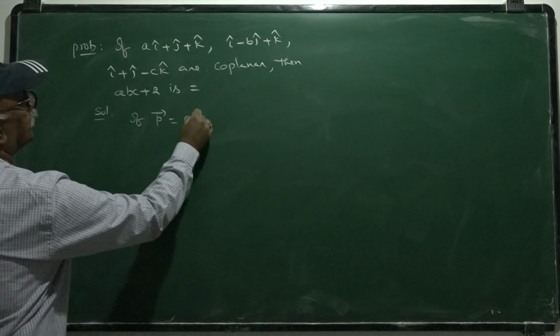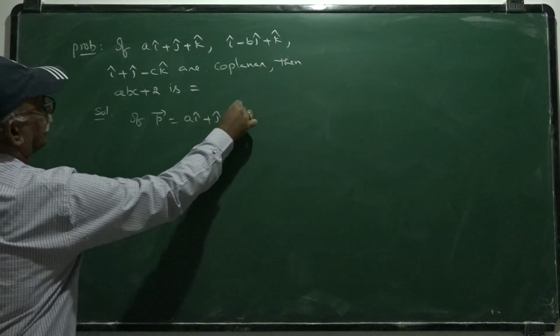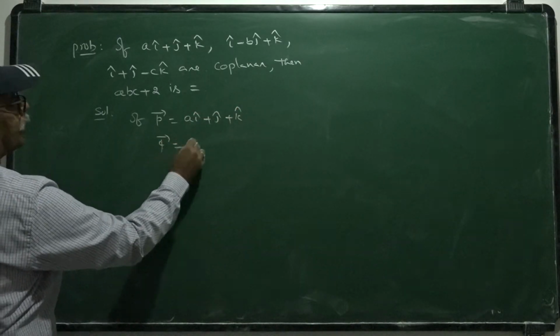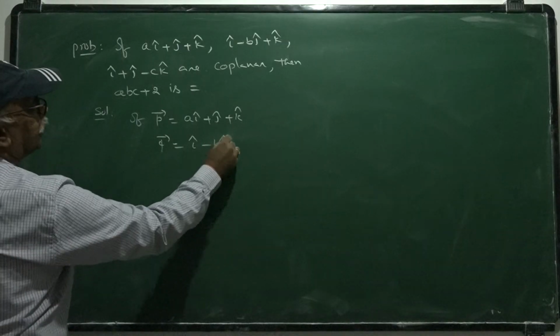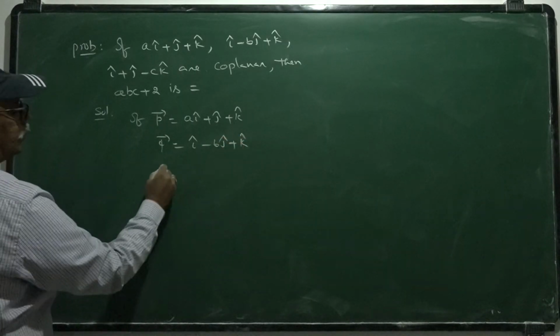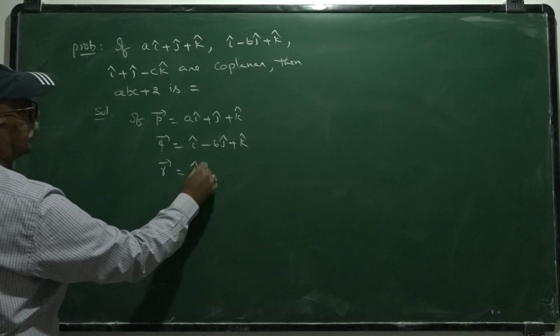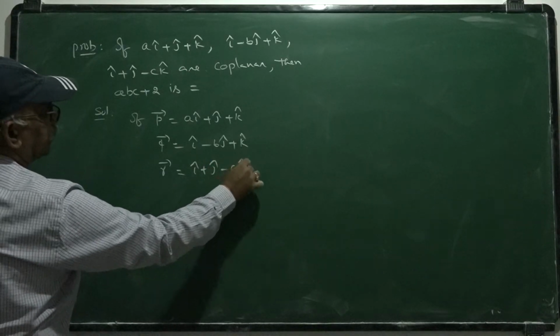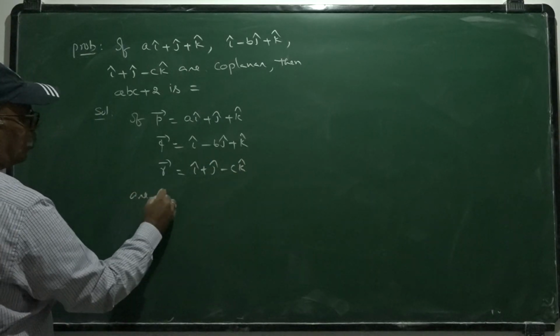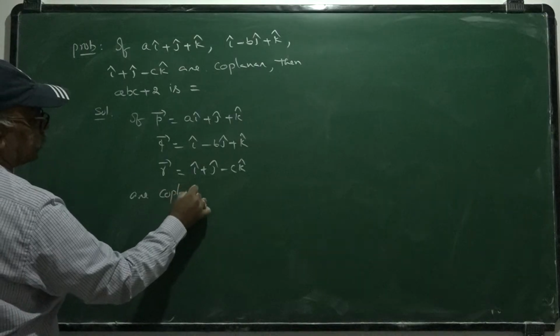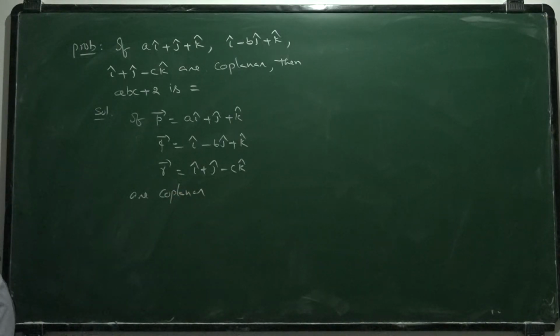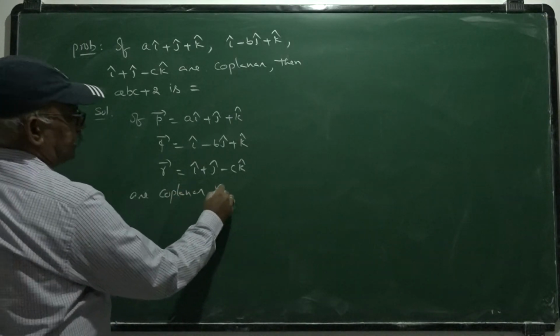P bar is A i plus j plus k. Q bar is considered as i minus B j plus k. R bar is i plus j minus C k, coplanar vectors.